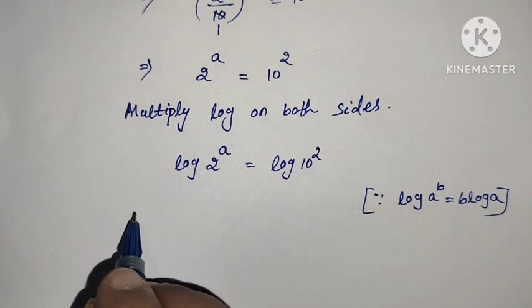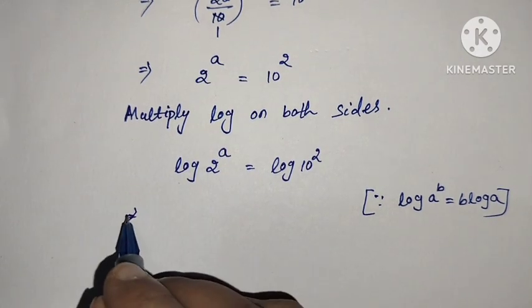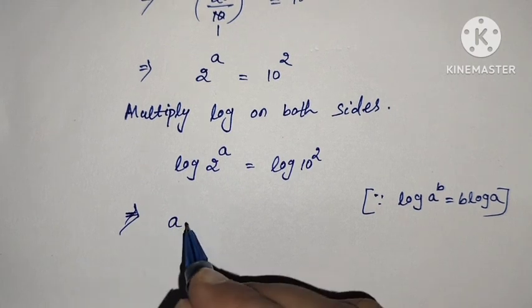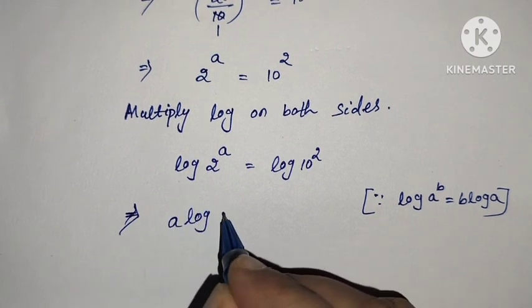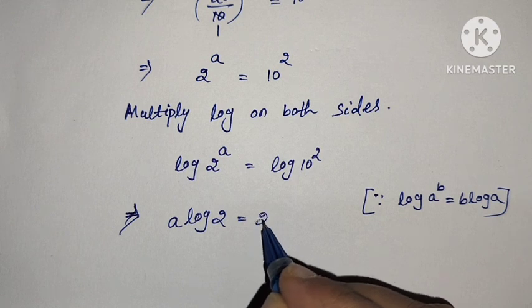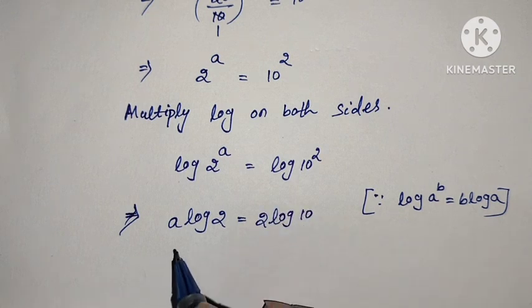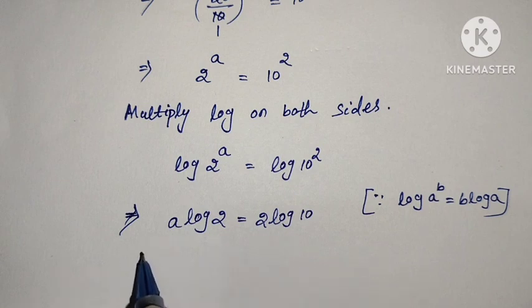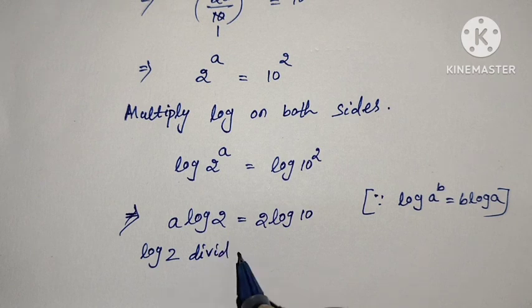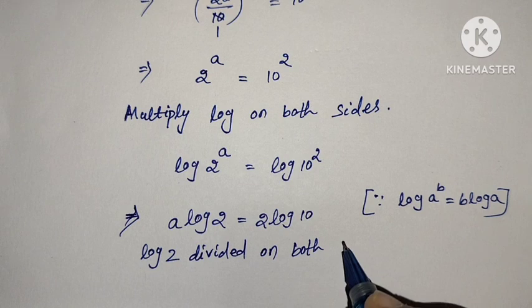We apply here. a log 2 is equal to 2 log 10. Log 2 divide on both sides.